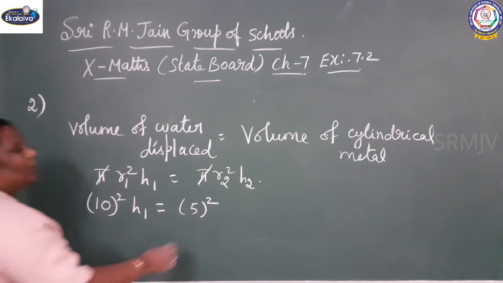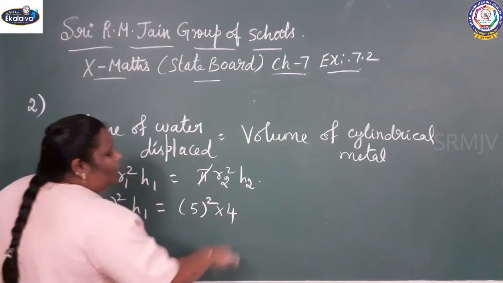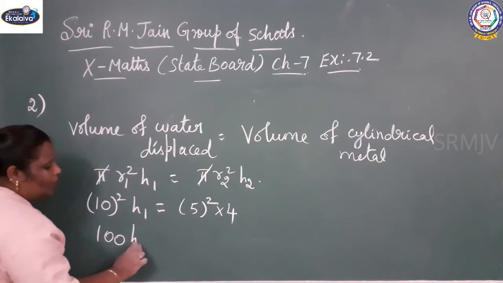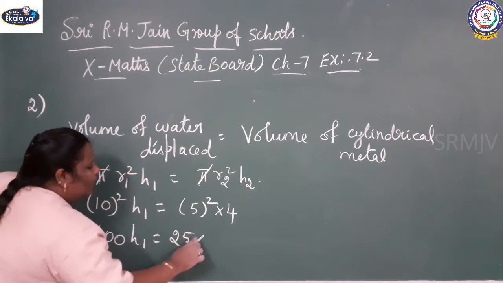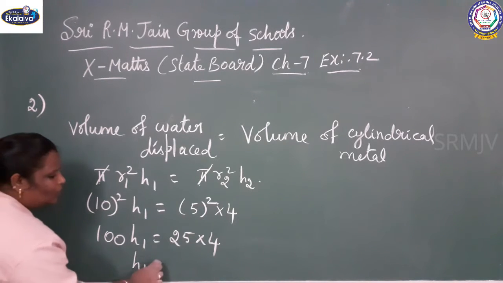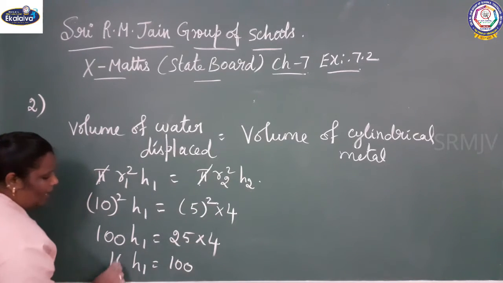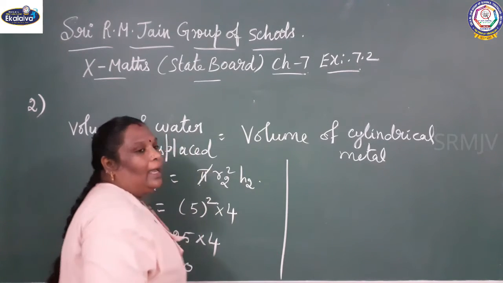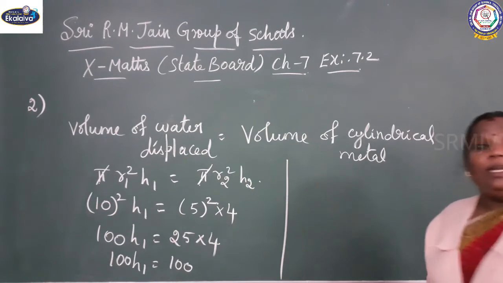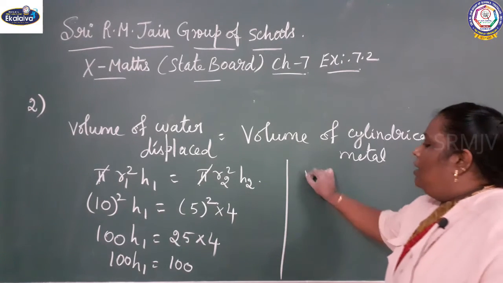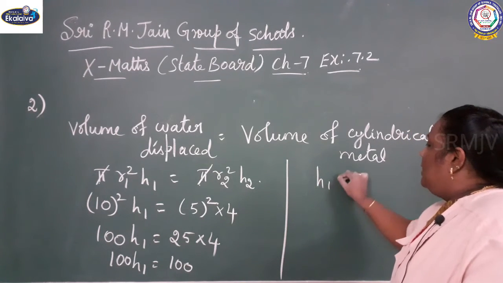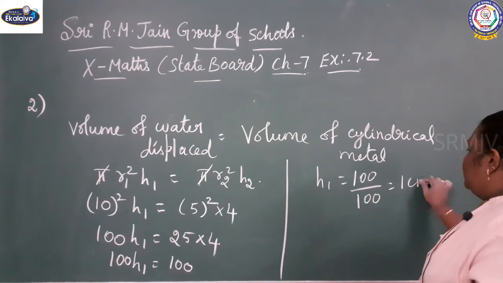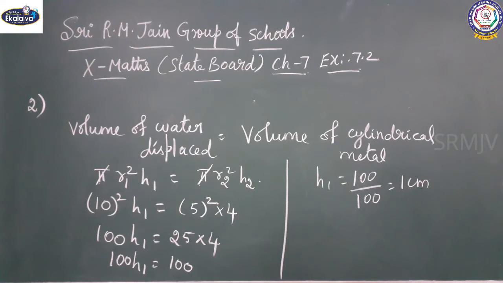What is the height of the cylindrical metal? Height is 4. So it gives 100 into h1 equal to 25 into 4, 100 h1 equal to 100. So h1 equals 100 by 100, it gives 1 centimeter.